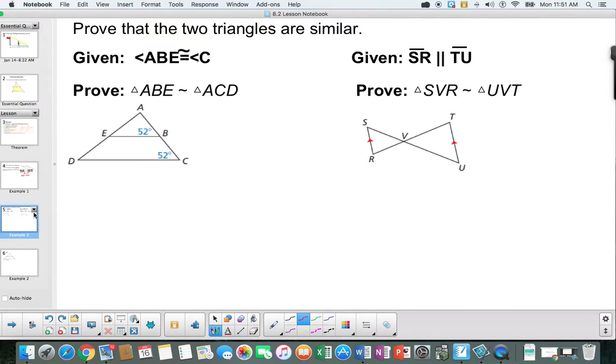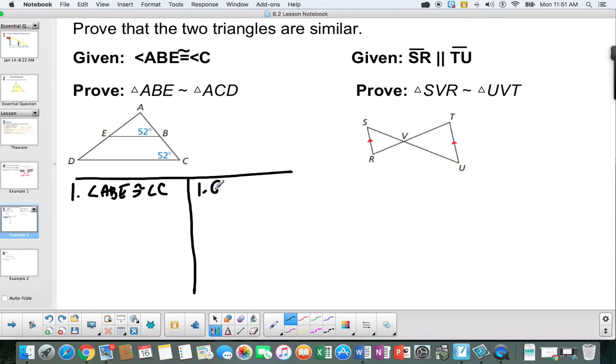We would like to prove these two triangles are similar, and we're going to do that with a two-column proof. I first write down the given, and I already have a pair of angles that are congruent. I'm looking for another pair of angles that are congruent, and that will be this angle here that they share in common. This little triangle and this big triangle share that in common.